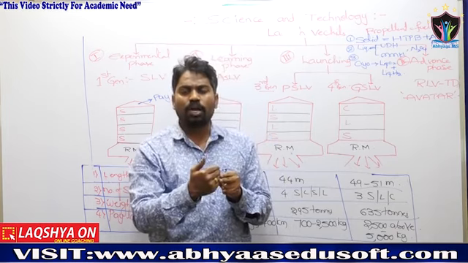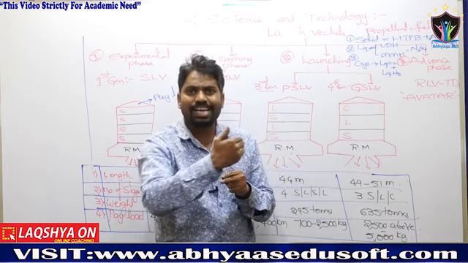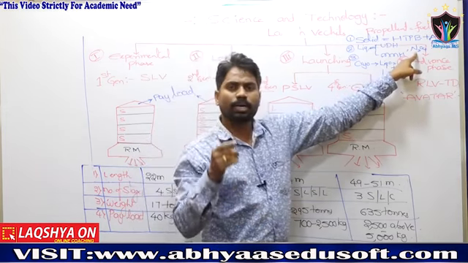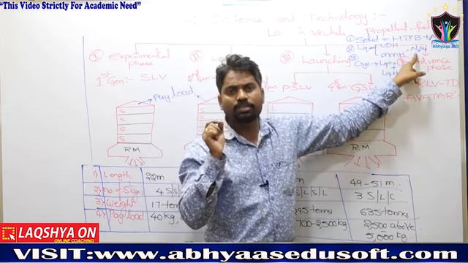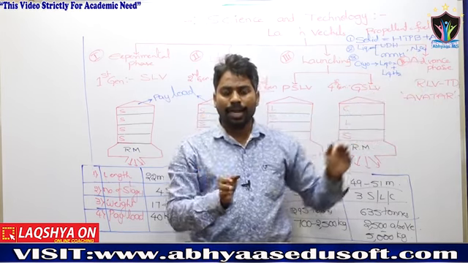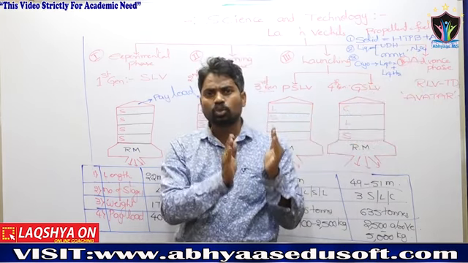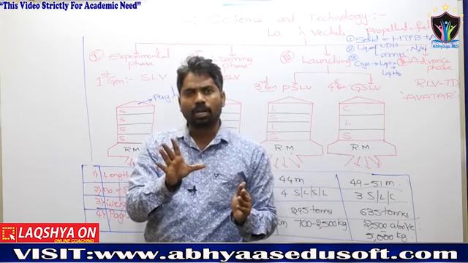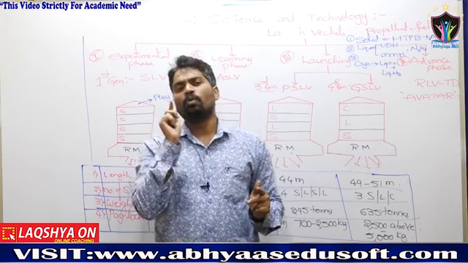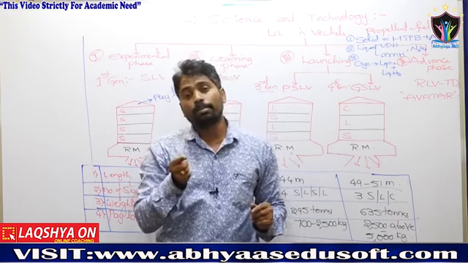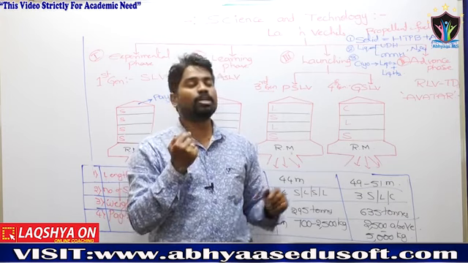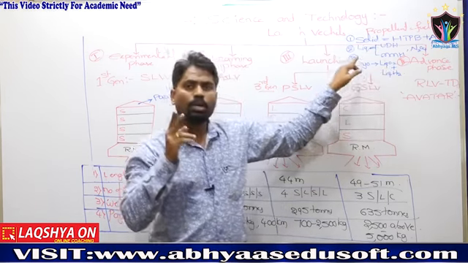For the liquid fuel, the oxidizing agent is N2O4, nothing but nitrogen tetroxide. Nitrogen tetroxide is used as the oxidizing agent for the liquid fuel. Liquid fuels are 2 types: UDMH, unsymmetrical dimethylhydrazine, and MMH, monomethylhydrazine.